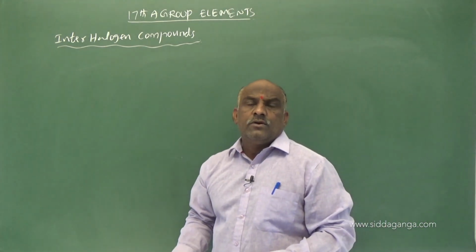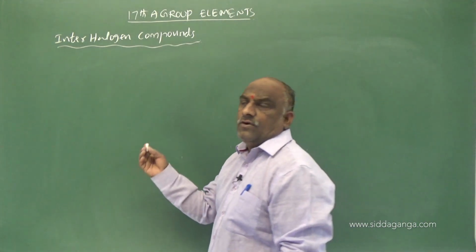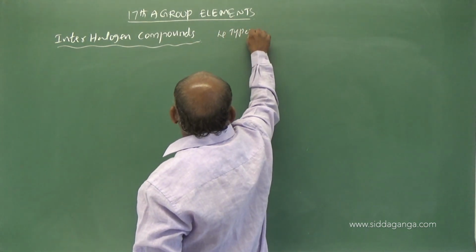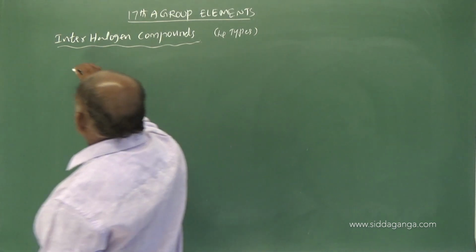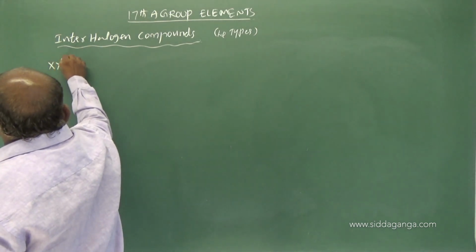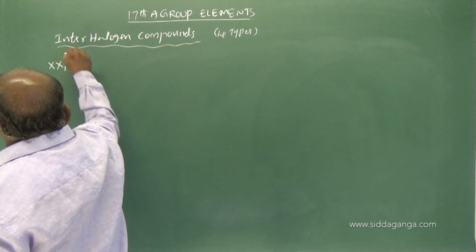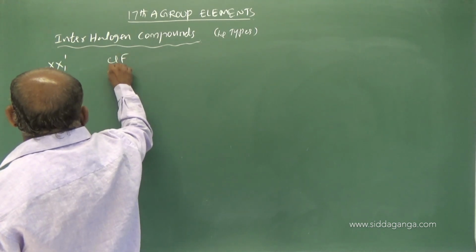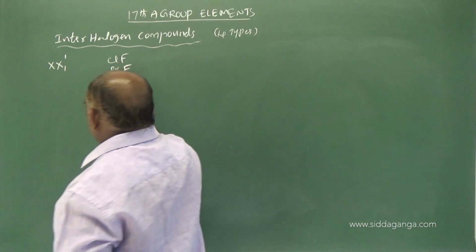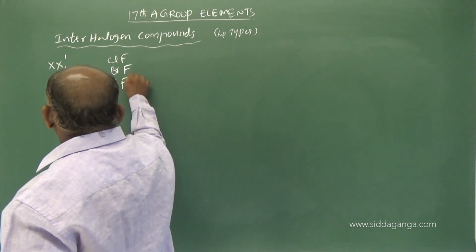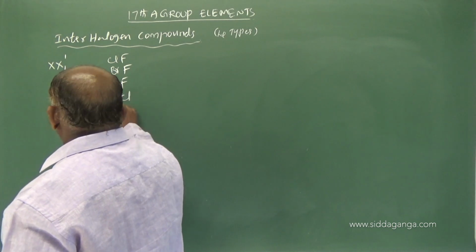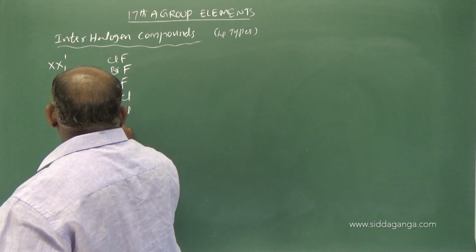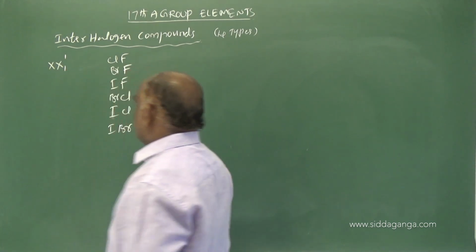So, there are 4 types in total. That is, X X' type, followed by ClF, BrF, IF, BrCl, ICl and IBr.